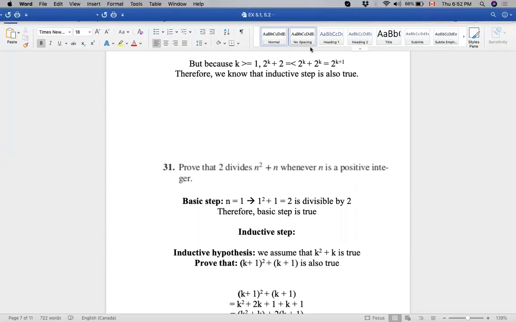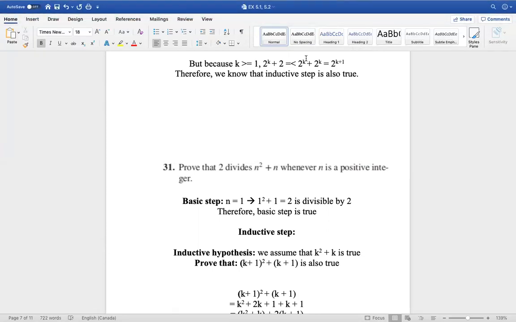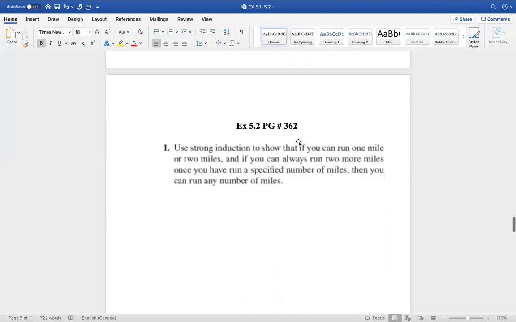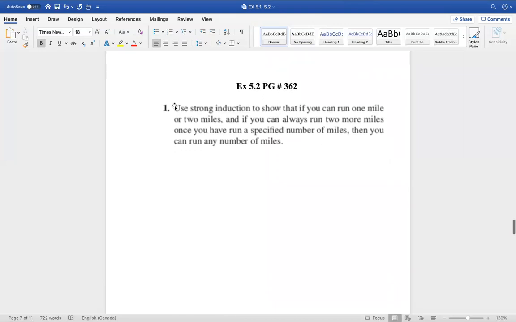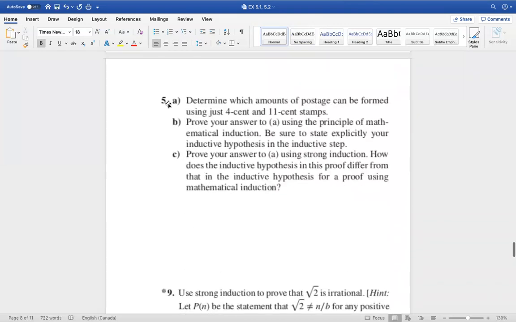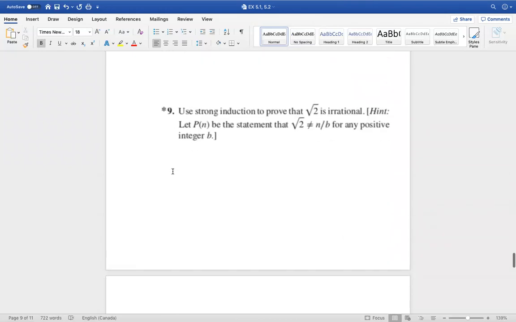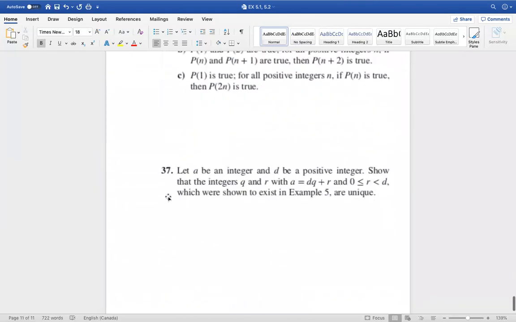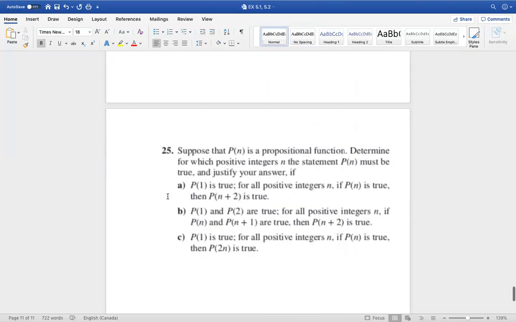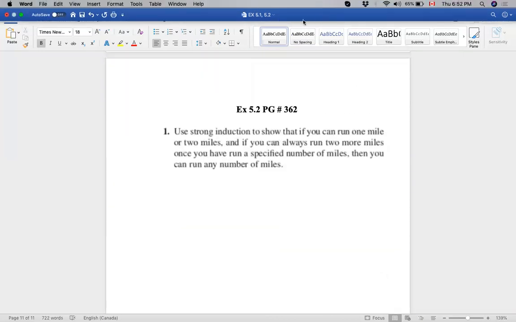Is it possible to just see the next question from 5.2? Yeah, so it's question number 1, 5, 9, 13, 25, 37. Okay, maybe I can write it in the chat.